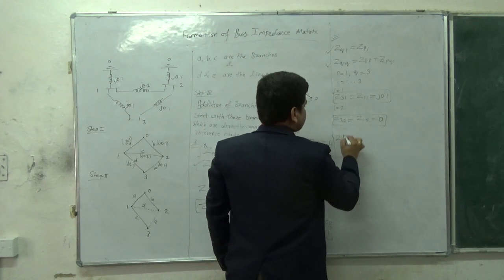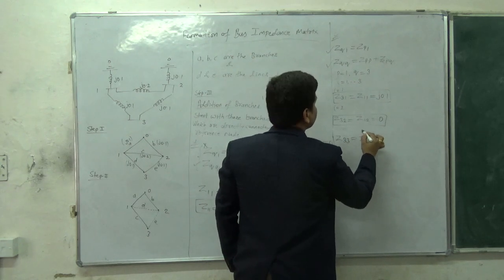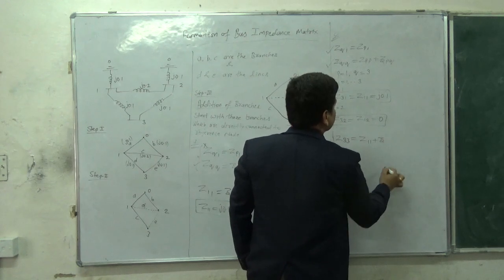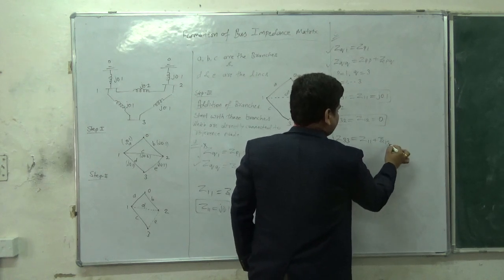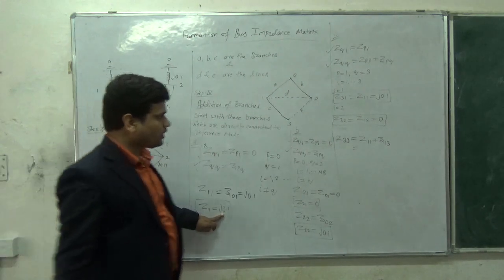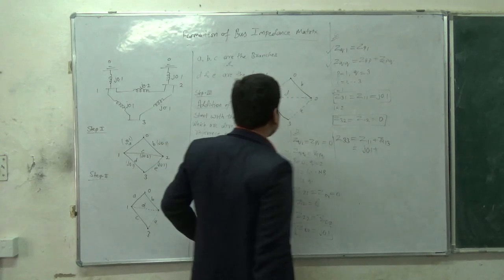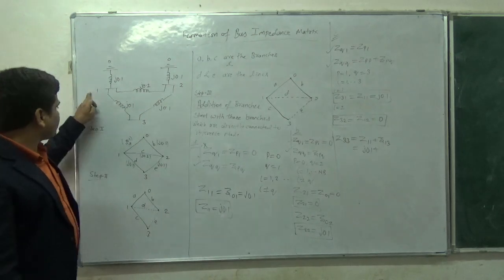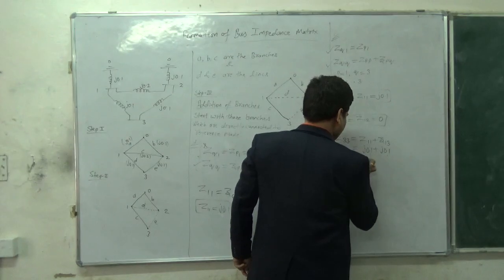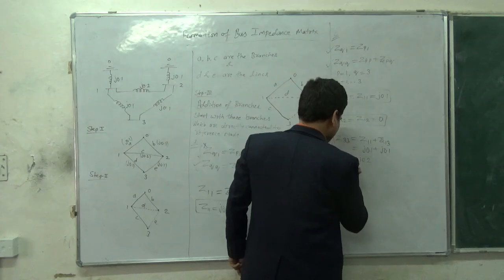So Z33 is equal to capital Z11 plus small z13. Capital Z11 is what? j 0.1, plus small z13. Small z13 is what? j 0.1. So Z33 becomes j 0.2.